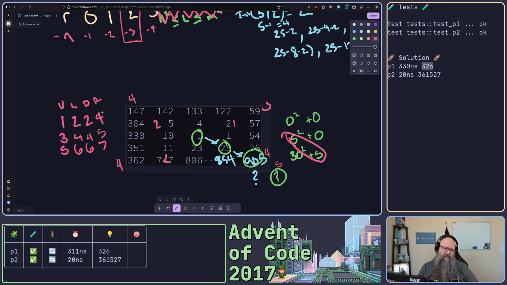So whenever we go left, if our new direction is left, we increment 1.